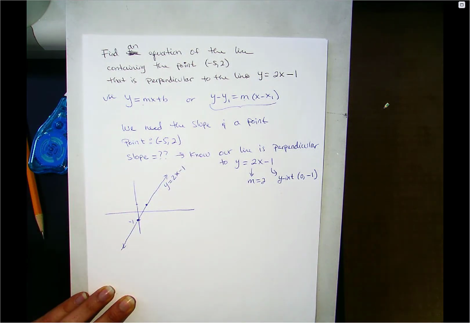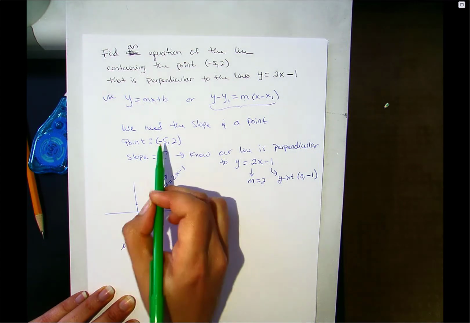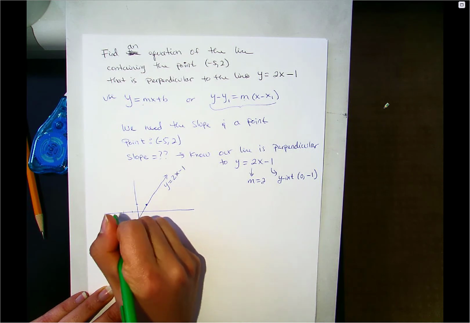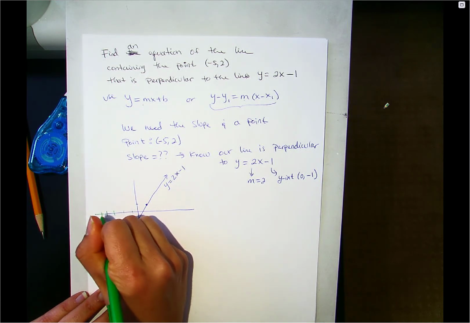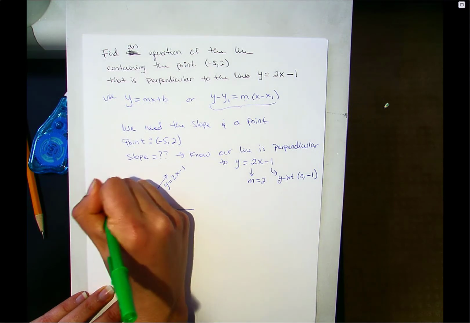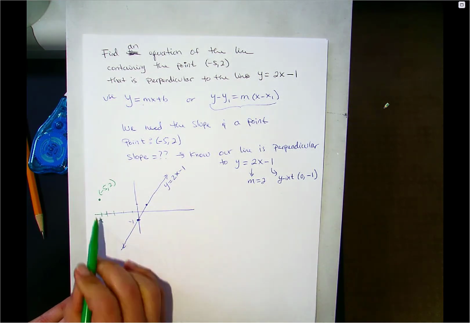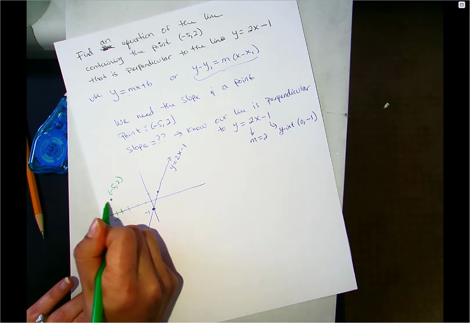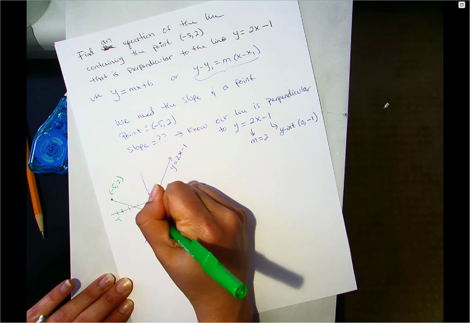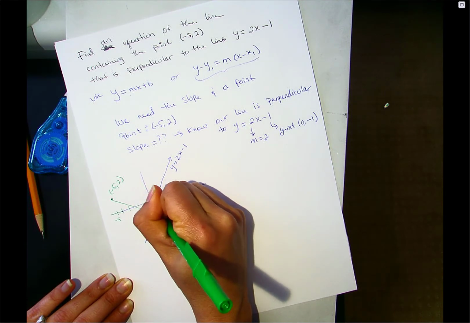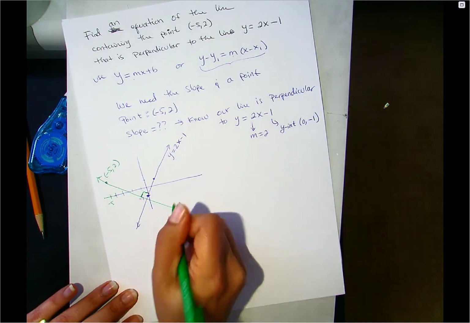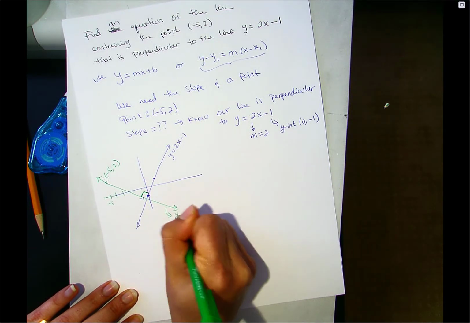Now what we want to find, our line passes through the point -5, 2. So where is that? 1, 2, 3, 4. -5, 2. It passes through this point, but it's perpendicular to that line, so it has to go something like this and create that nice right angle.